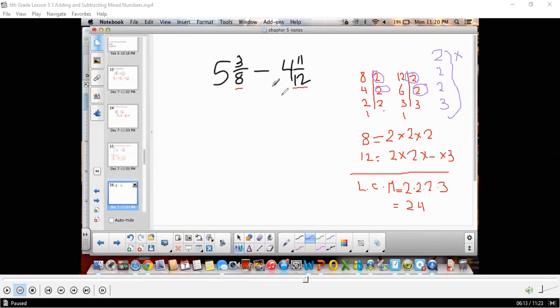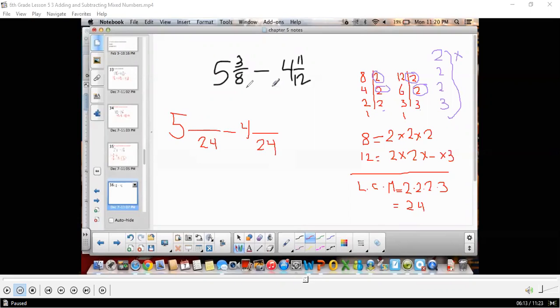So I have 8 and I have 12. What we have to do here is make both of them the same base, the same denominator, which is 24. So I can write 5 and then put 24, minus 4 and then put 24.